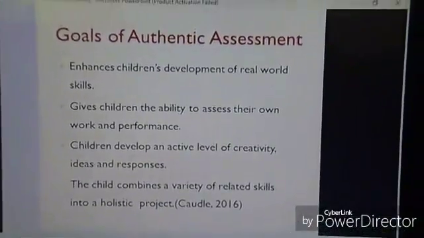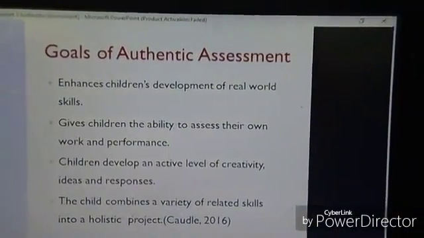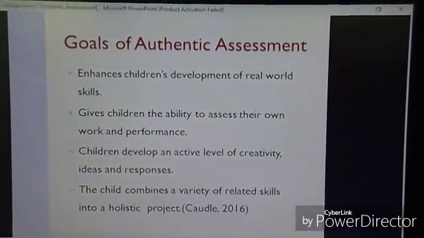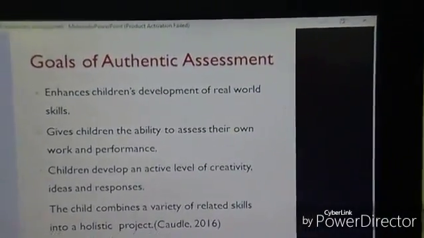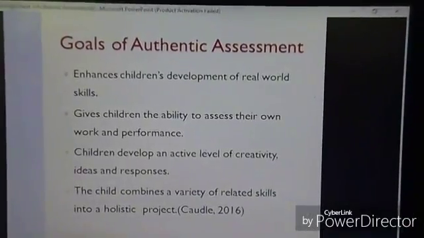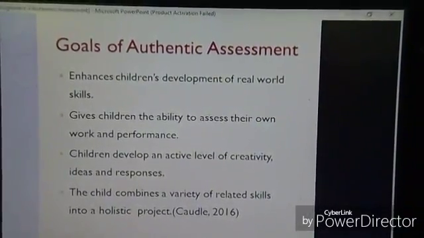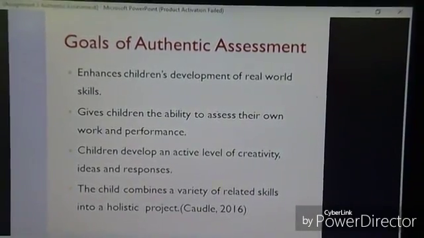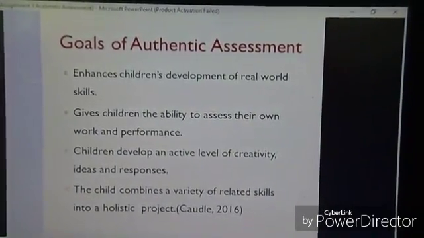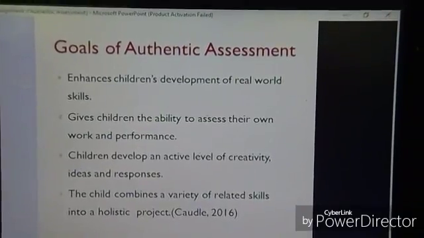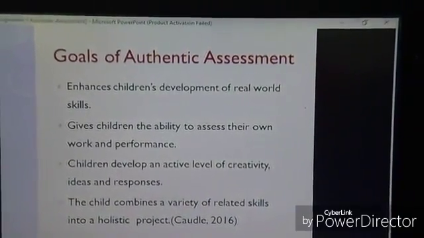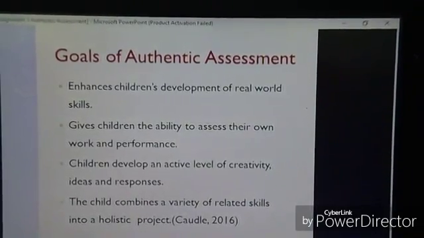After we have implemented strategies and we have looked at our benefits, it's now time for us to look at the goals, which is the final outcome. Authentic assessment is situated in real-life scenarios. It enhances children's development of the real-world skills. It gives children the ability to assess their own work performance. And we also know that children develop an active level of creativity.